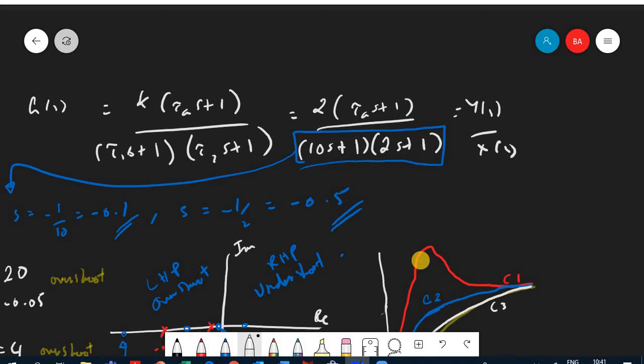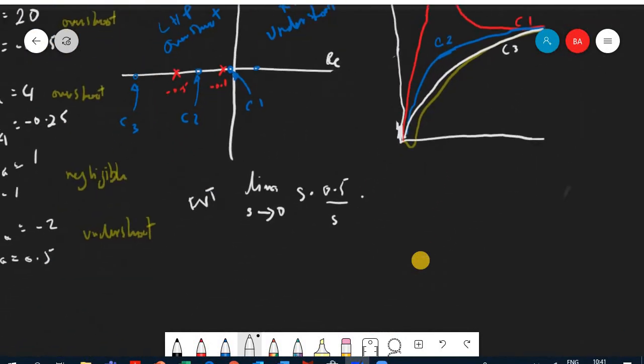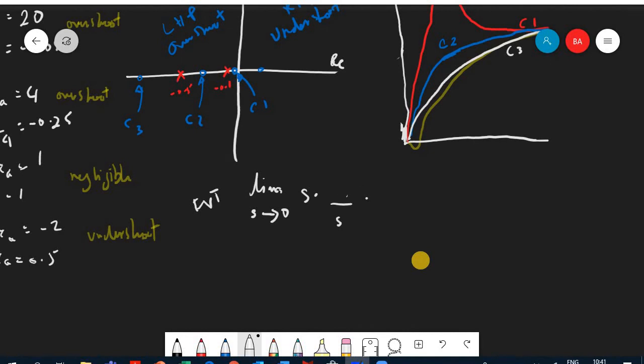Okay, and if I want to find y of s, I need to multiply the input with this function here. So this is my function of y of s over 10s plus 1 into 2s plus 1. And if I multiply by 0.5 times 2, it will be 1 over s multiplied by this whole bit here. So I'll just consider now my final form.